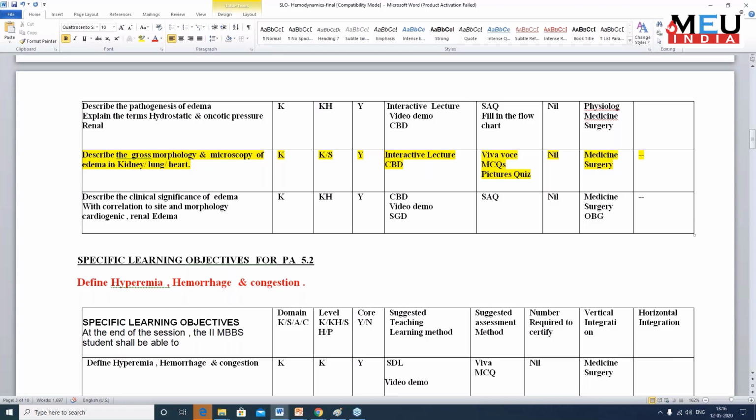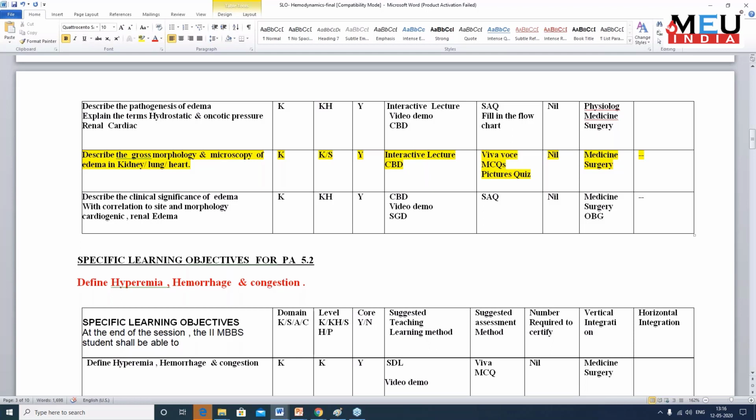And all these things come under the basic Starling forces. So all you've got to do is just describe the basic Starling forces in addition to lymphatic obstruction. That's the only other thing that comes beyond your Starling forces, right? Agreed, ma'am. Do we need to confuse them with adding all the renal, cardiac, etc.? So I think it should just remain as pathophysiology of edema with elaboration of Starling forces. Wouldn't that do in that particular column? That's what I thought.